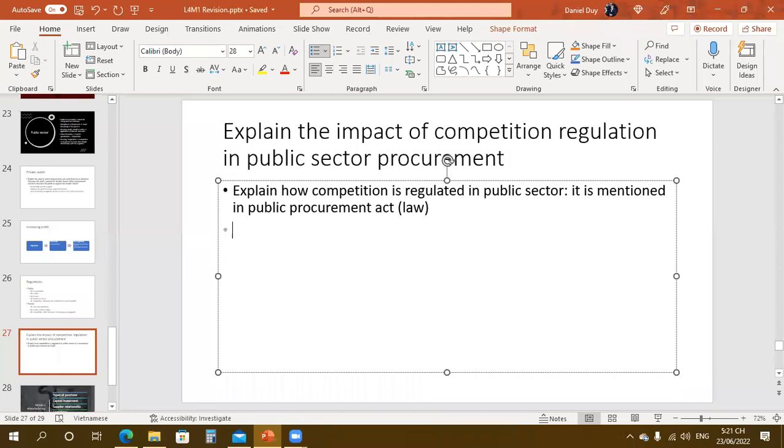And second, we explain how procurement applies this principle.